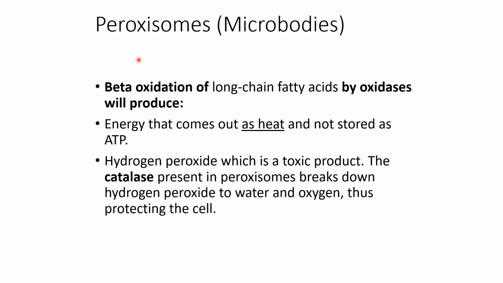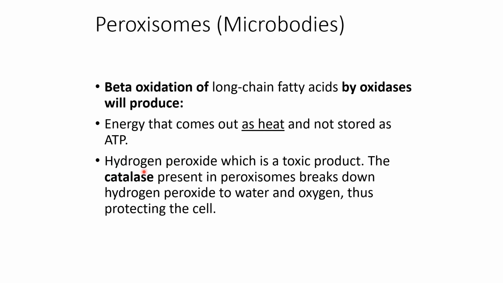What is the function of the peroxisome? Beta oxidation of long-chain fatty acids by the action of oxidase. This reaction produces energy, but the energy comes in the form of heat and is not stored as ATP, unlike in the mitochondria. After this oxidation, hydrogen peroxide is produced, which is toxic to the cell.